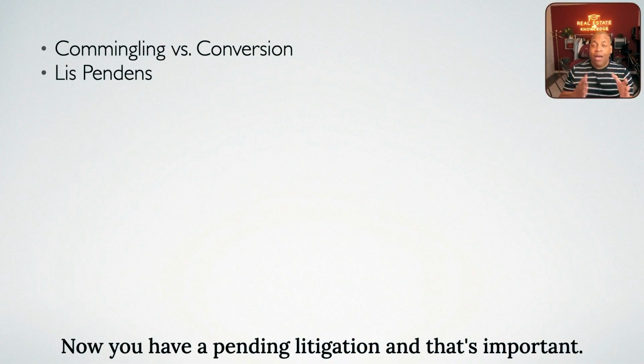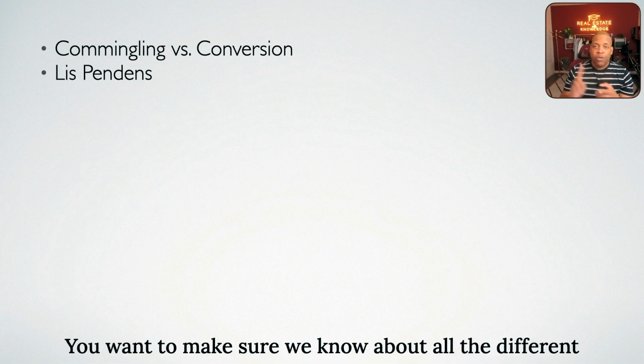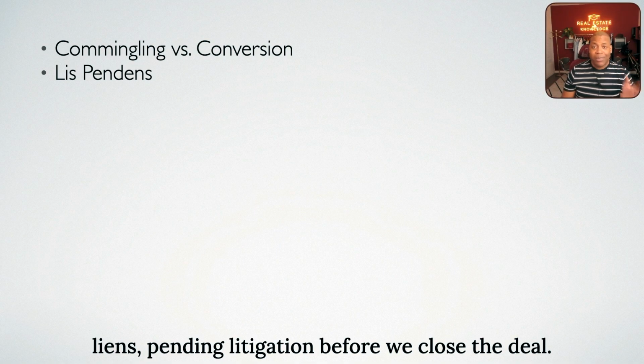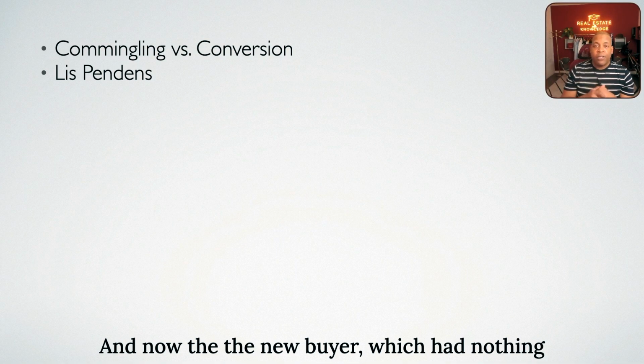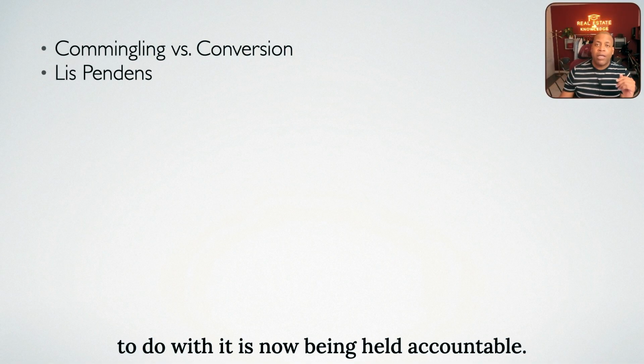Okay. Now you have a pending litigation, and that's important. You want to make sure we know about all the different liens and pending litigation before we close the deal. Otherwise, the new buyer, who had nothing to do with it, is now being held accountable.